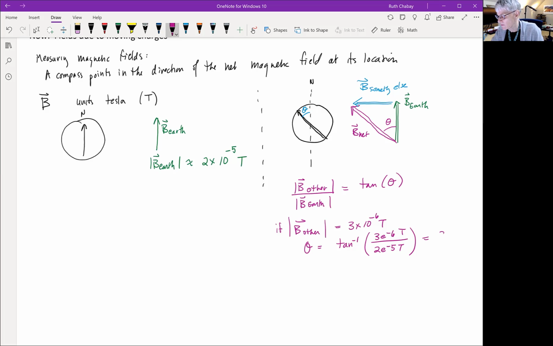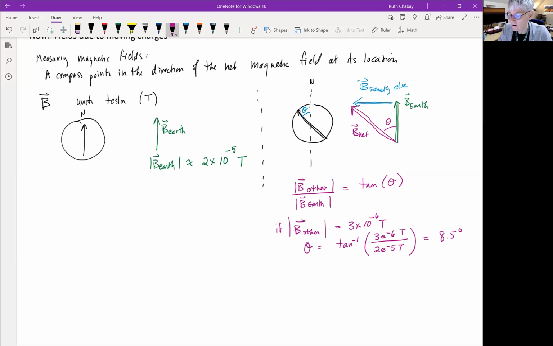And that would give us an angle of something like 8.5 degrees. To get a 45-degree angle, of course, B other would have to be equal to the magnetic field of the Earth, and various things can happen.